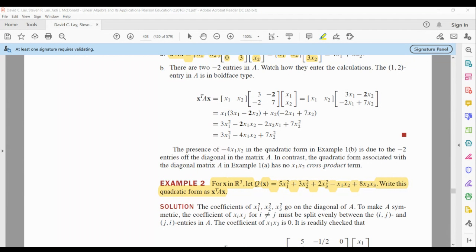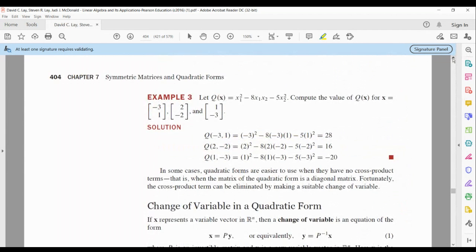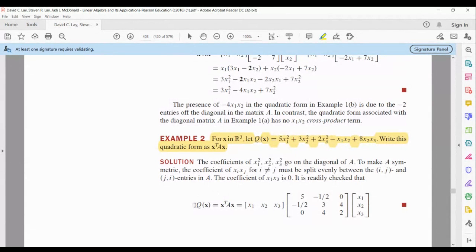Okay, if we go down here to the solution, here's the solution.